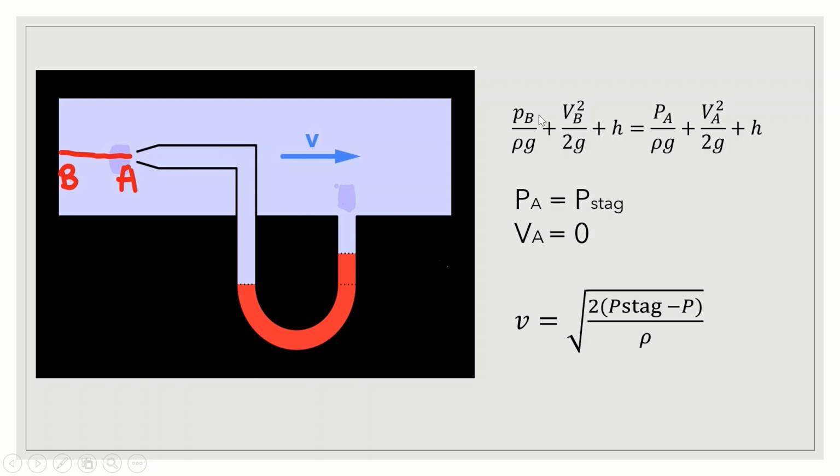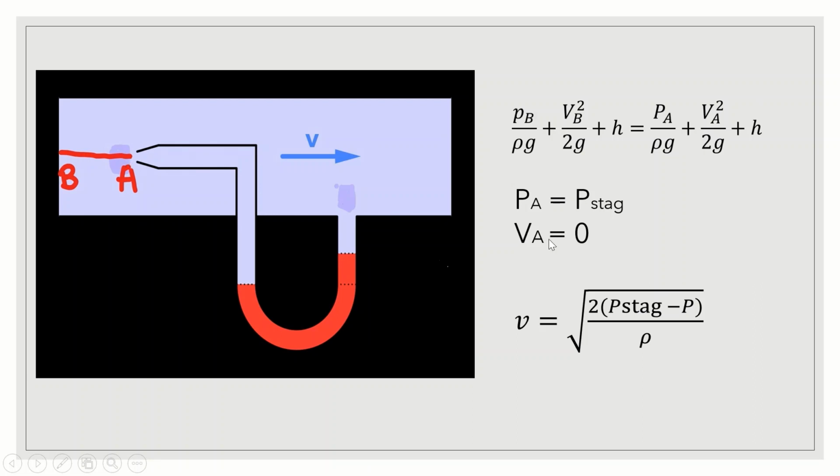This is the Bernoulli equation that we have written: PB by rho g plus VB square by 2g plus h is equal to PA by rho g plus VA square by 2g plus h. Now these are on the same height, so h and h get cancelled. A is the stagnation point at which the velocity becomes 0 as the fluid is stopped here.